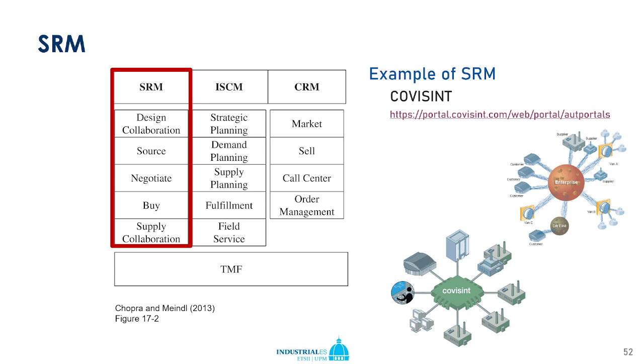When it comes to supply relationship management systems, what we typically have is a set of functions like those described in this chart. For example, we can collaborate in terms of design, like sharing features, requirements, developments, and everything that allows suppliers and manufacturers, or those involved in creating some new product, to get ready for the production phase in a more convenient manner.